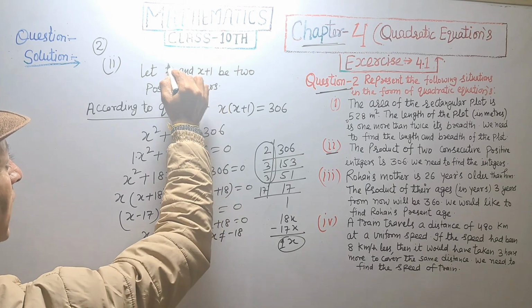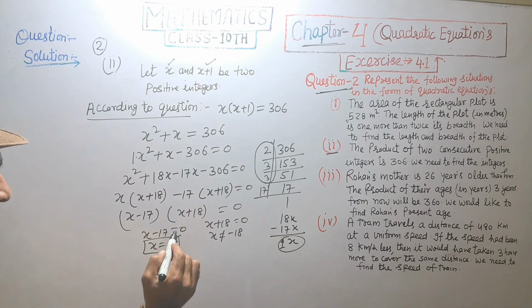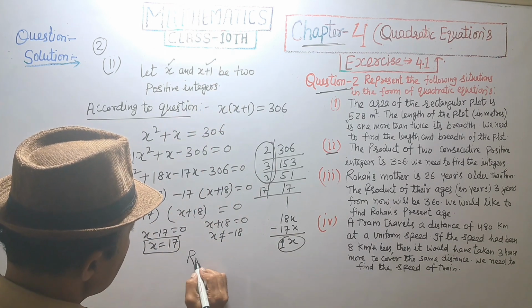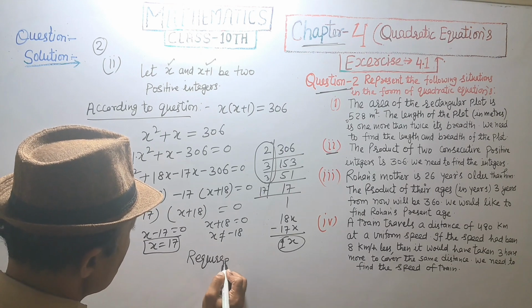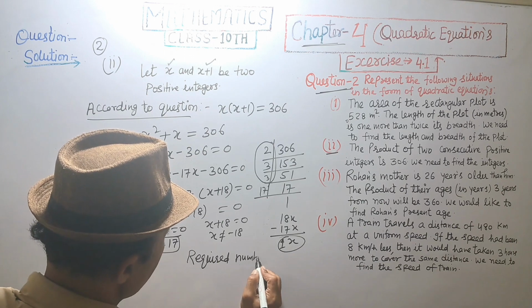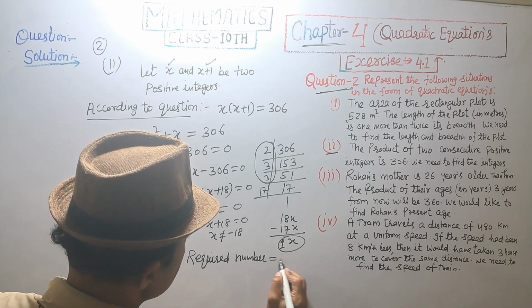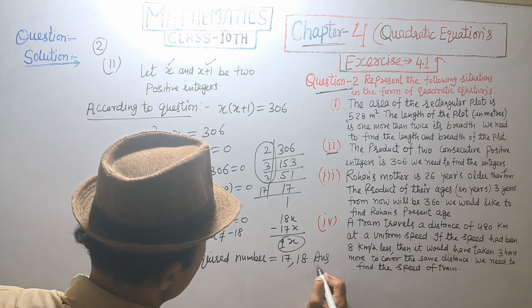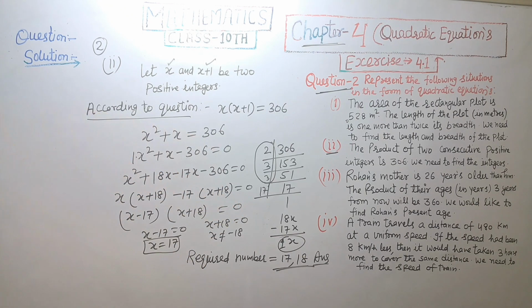One number is x and another number is x plus 1. So the required numbers are 17, 18. Answer.